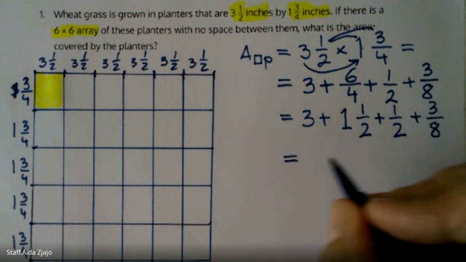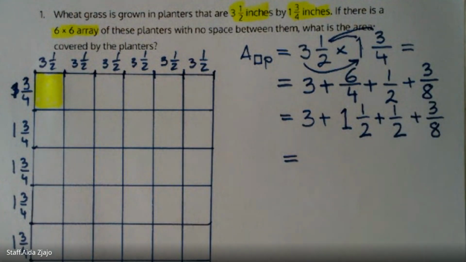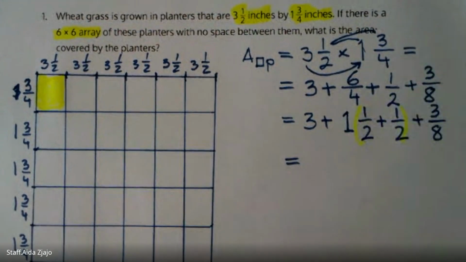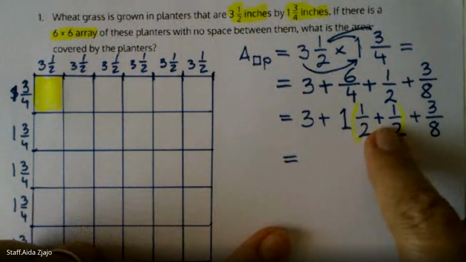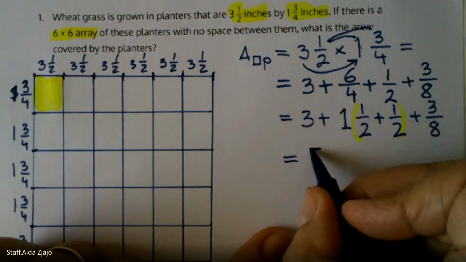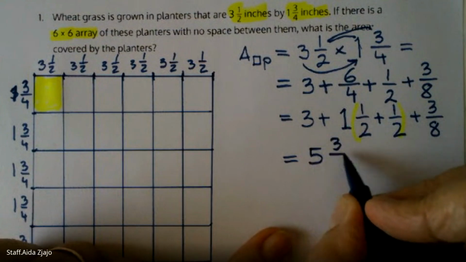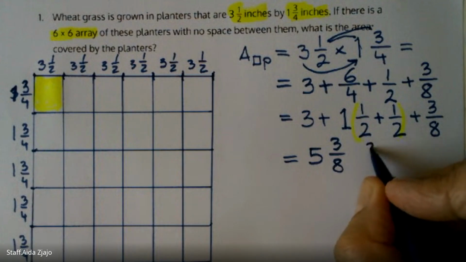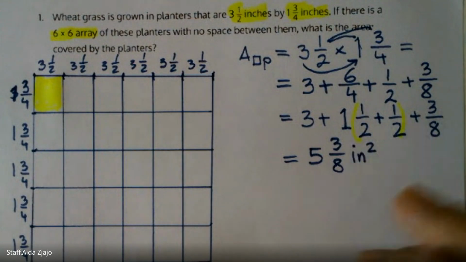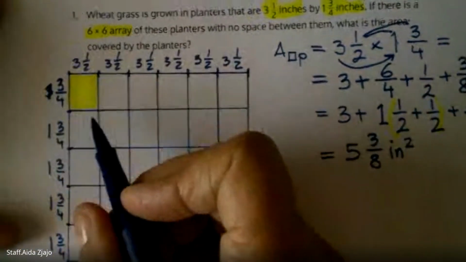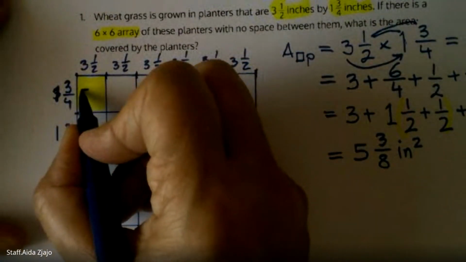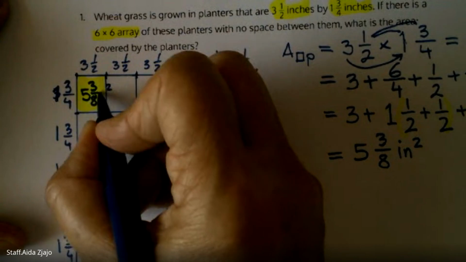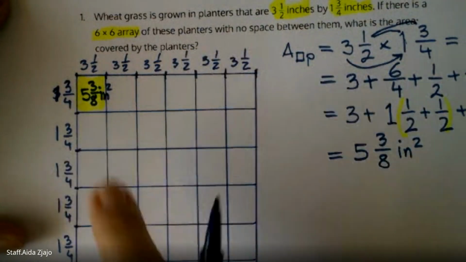So finally, 1/2 and 1/2, that's a whole. So 3 plus 1 plus 1 is 5 wholes and 3/8 square inches. That is one of these. So 5 and 3/8 square inches is the area of one.